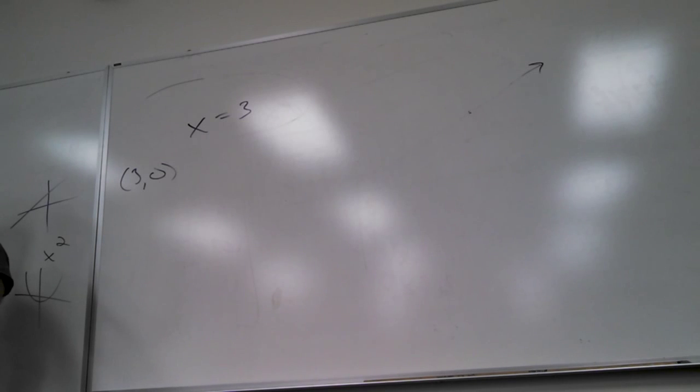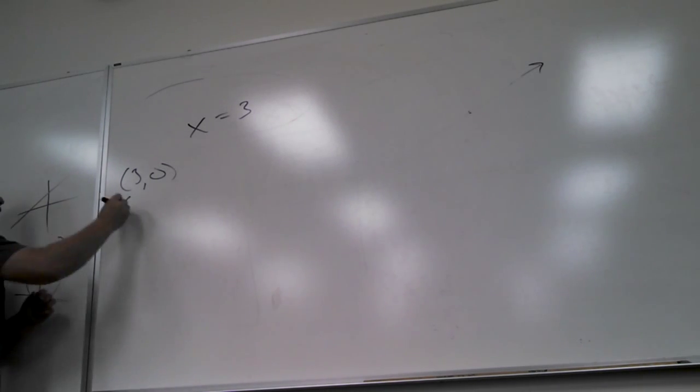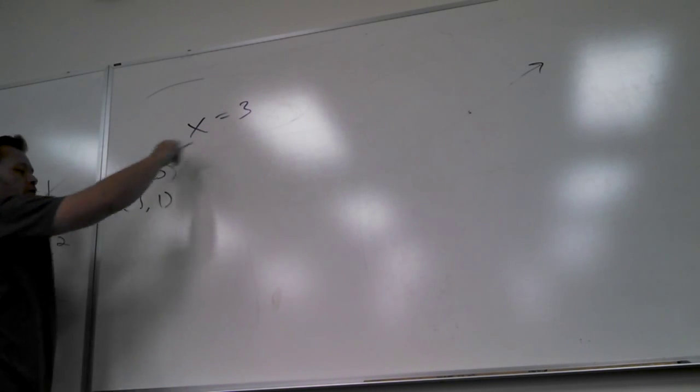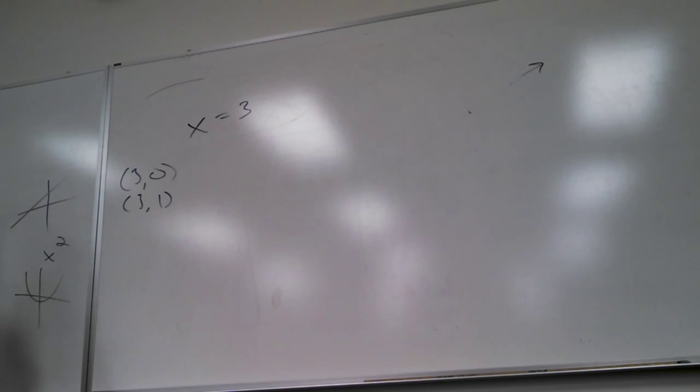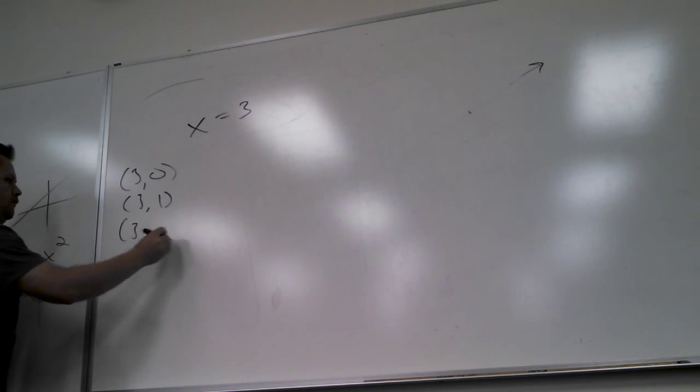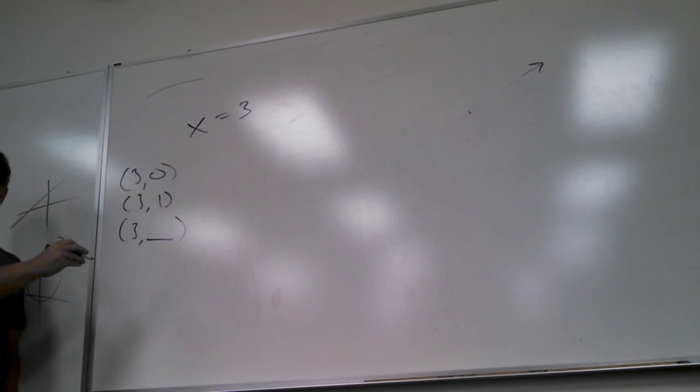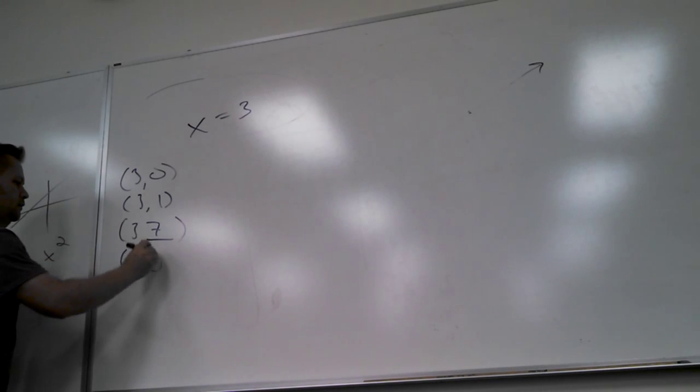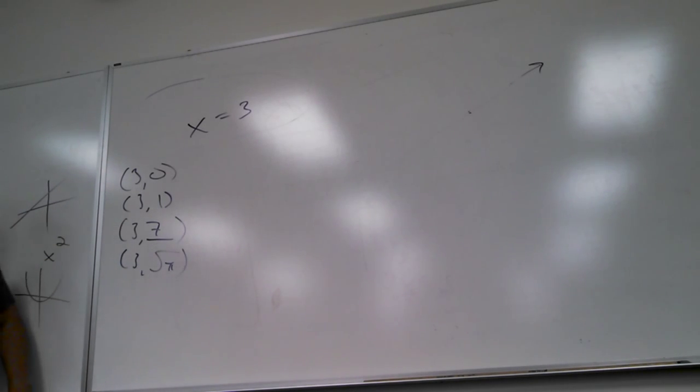Can anybody come up with any other point that follows that rule? 3, 1. Holy shit. 3, 1. Why does that follow that rule? Because x is 3. I think you guys start to understand what I'm saying. So 3, comma, fill in your favorite number. 7. 3, comma, square root of pi. 3, comma, whatever the hell you want it to be.